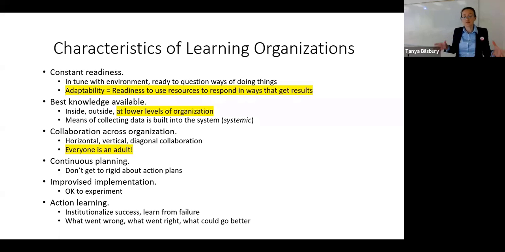Remember, adaptability is the readiness to use your resources to respond in ways that get you the results that you're looking for. We look for the highest quality of knowledge available, and we look for it inside the organization and outside and at lower levels of the organization.